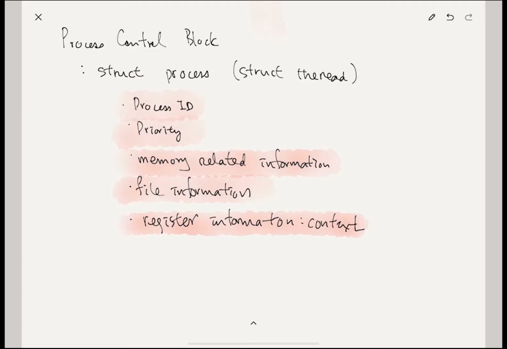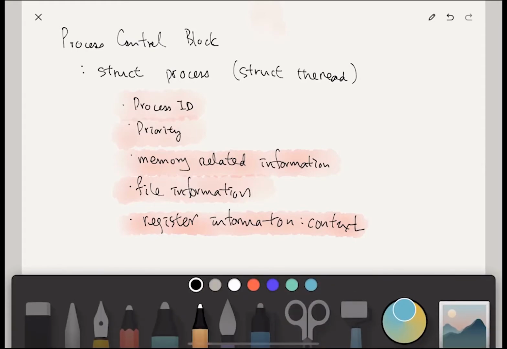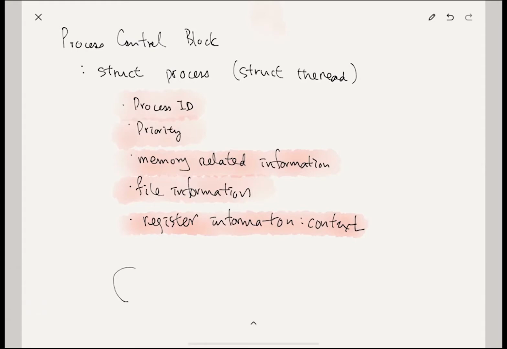And then once you have this process data structure, in the operating system, there are lots of processes. There is process one, there is process two, and there is process three, and many, many more. Maybe process 1024.